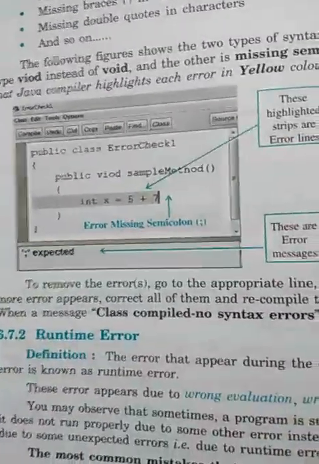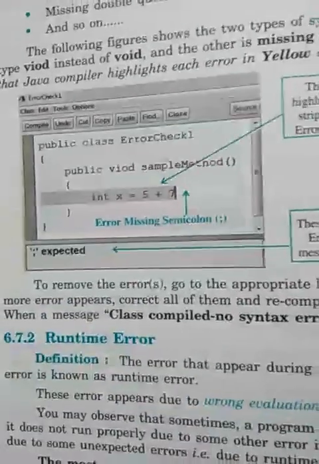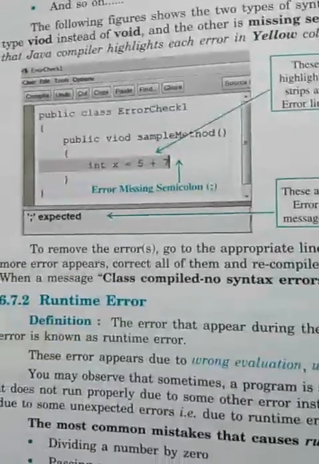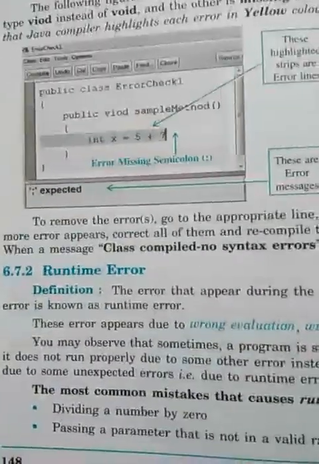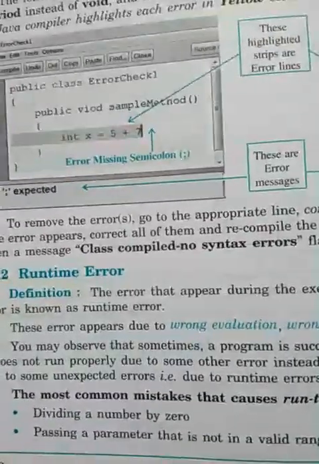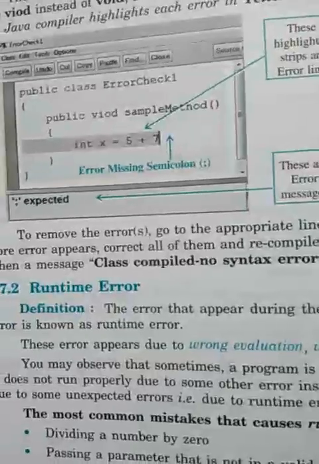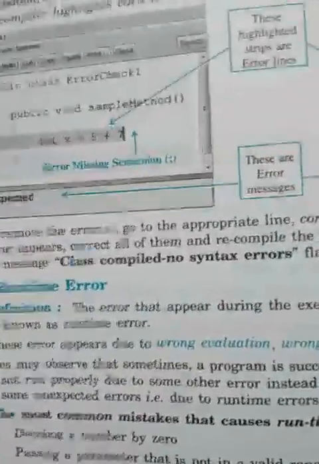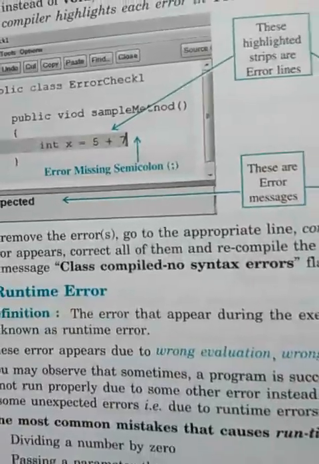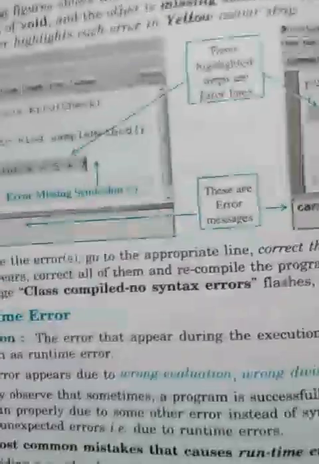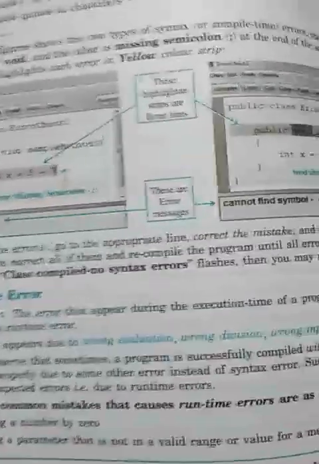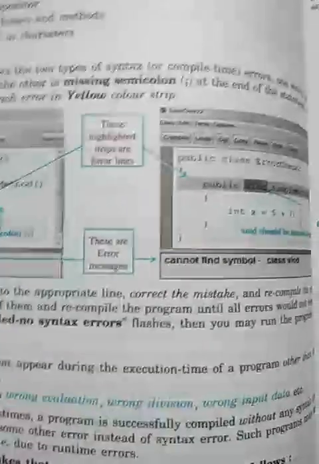Second is the runtime error. As the name implies, these errors come when your program is executing, while the program is running. For example, take the statement a upon b, where the value of b is 0. The answer is infinite, and there is no data type that can store the value infinity.